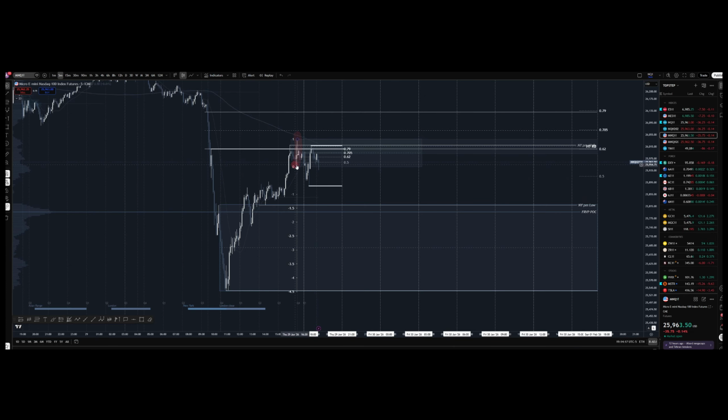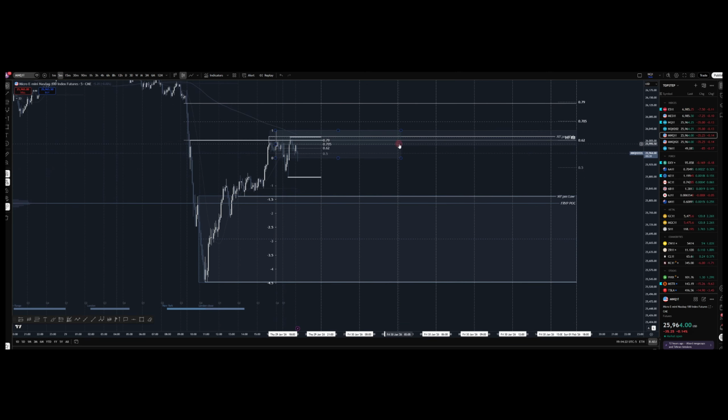So we've got that sort of Q4 manipulation coming in at the end of the day there. So while that high here holds, we can work with these levels.